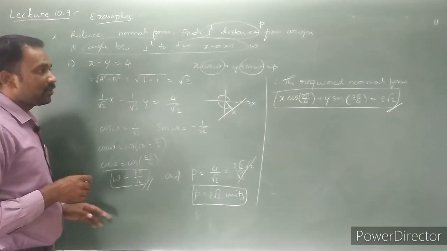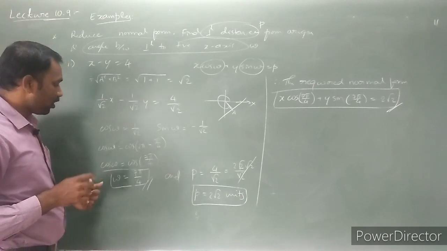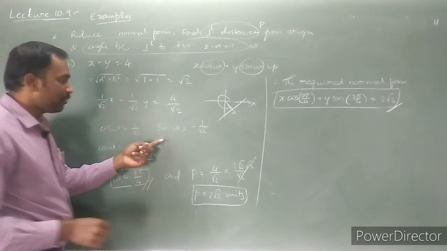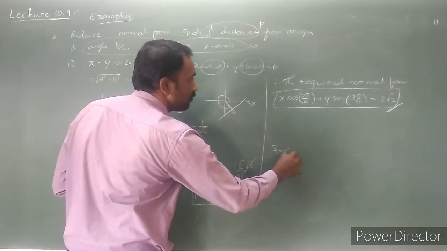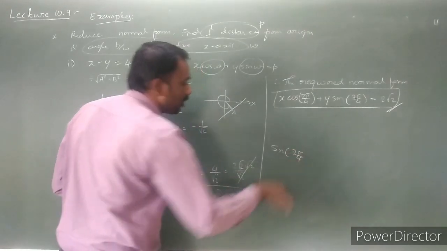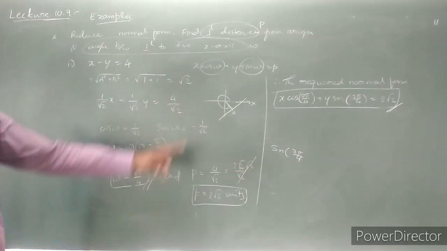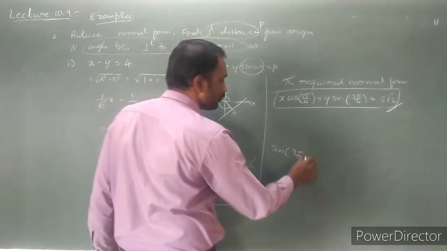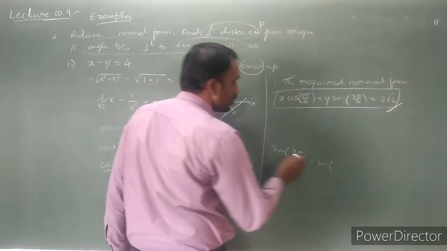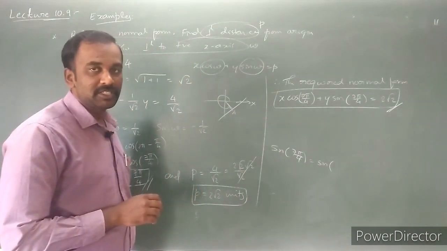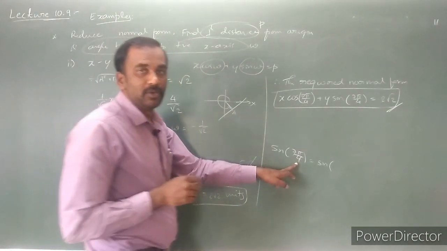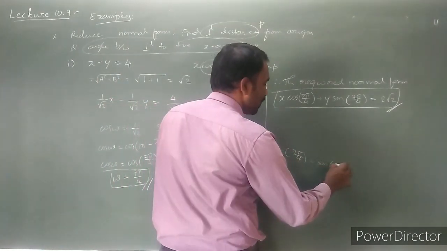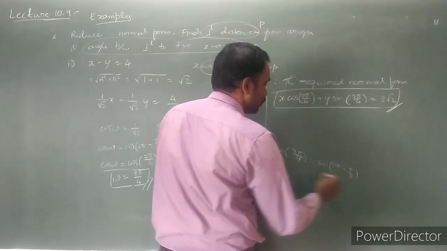Okay. Are you clear? And one more thing. We have not verified here. Check the verification, that is sin of 7 pi by 4. After simplification, what do we have to get? Minus 1 by root 2 is required to get sin of 7 pi by 4. How to split it? The nearest multiple of 4 to the 7, that is 2 pi minus pi by 4.